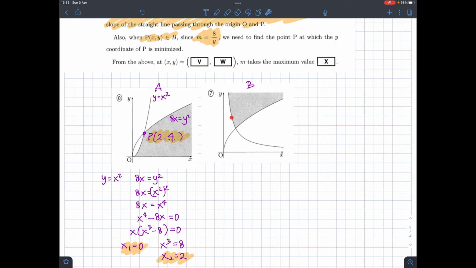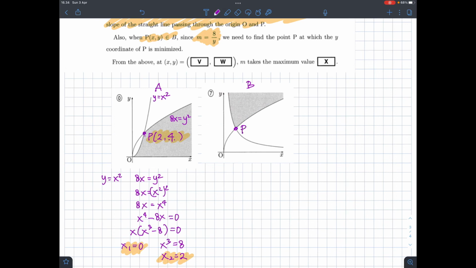You can choose any point here, but they need you to find the point where the y coordinate of P is minimized. So it should be here, because this is the minimum value of y compared with the others. This is the very minimum. So again, this is the point P.